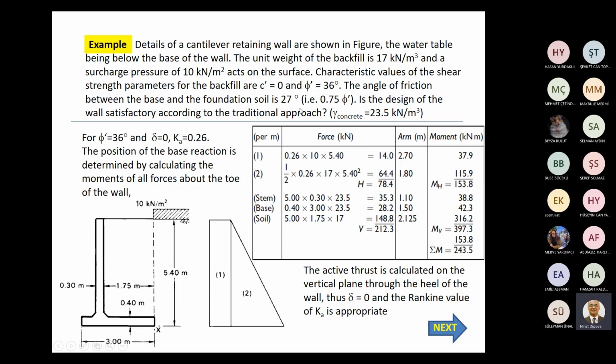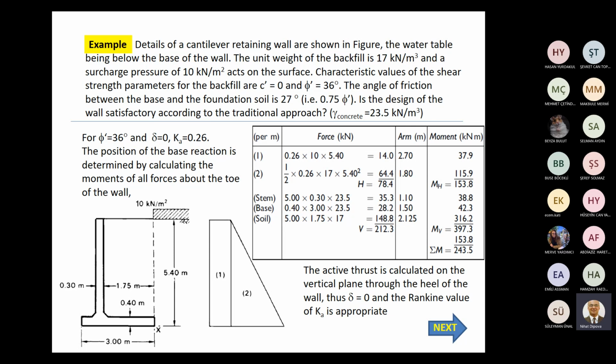Details of a cantilever retaining wall are shown in this figure. The water table is below the base of the wall. The unit weight of the backfill is 17 and the surcharge is 10 kilopascal on the surface.